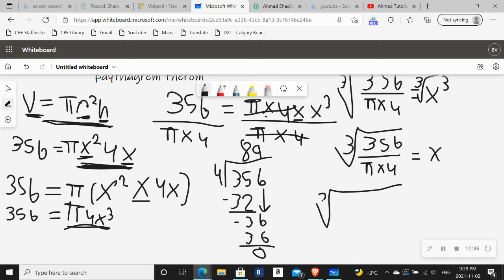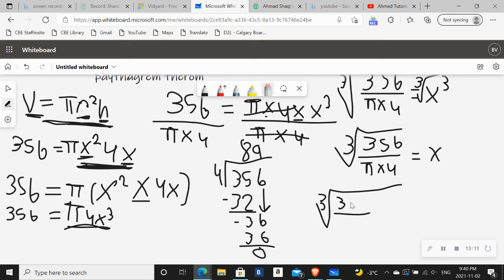So 3 cubed, and we'd have 356. Not 356, I apologize.